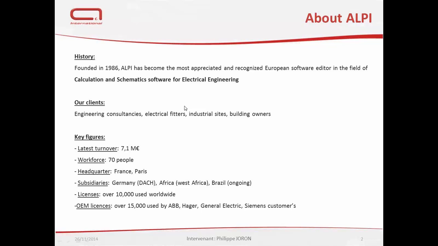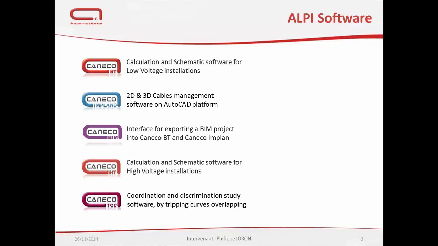And also the bill of materials, length of cables, labels, legends, calculation of cable trays, and of course it's a great help for people who want to calculate the layout to get the cable lengths, the cross sections of cables, and also the different protection equipment, because it communicates with Caneco BT automatically, so you don't have to restate the different data for the calculation.